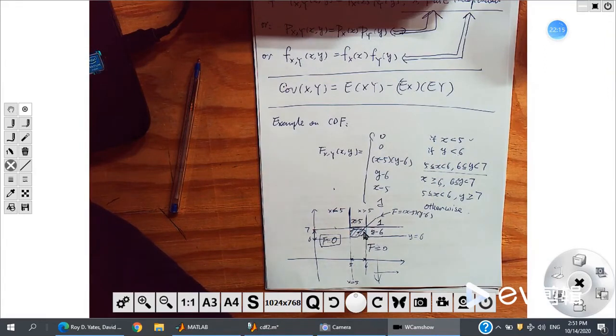Then we have a small rectangle, where f will be the multiplication of these two.